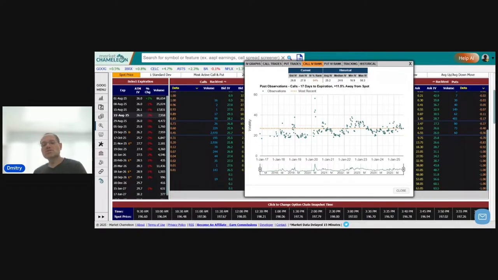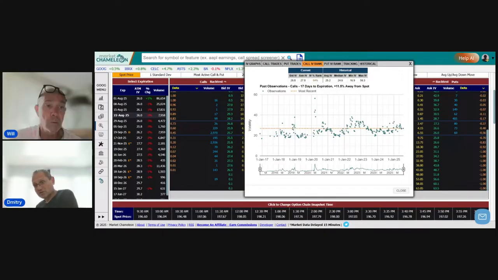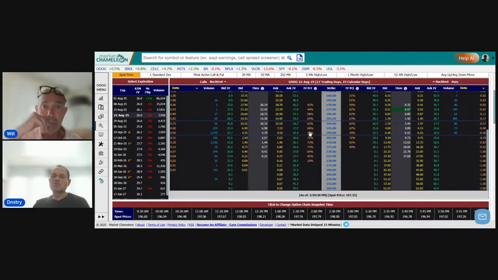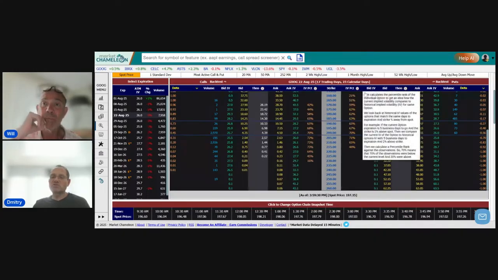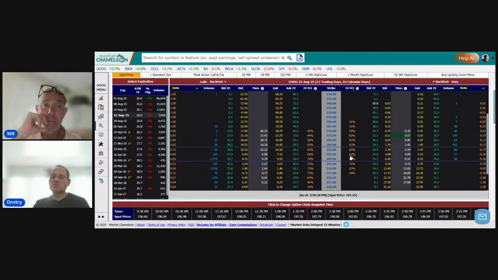So that's a way to look at the historical, taking the current implied volatility, comparing it to historical to get a quick sense of where we are now relative to a historical benchmark. And this here also just gives us an IV percentile rank for each of these options.